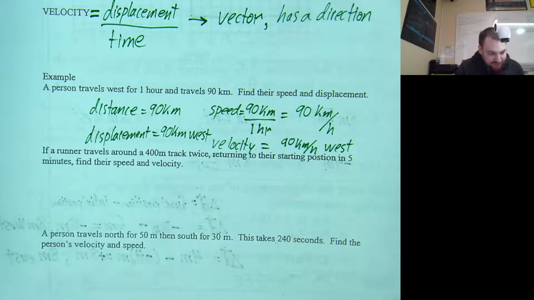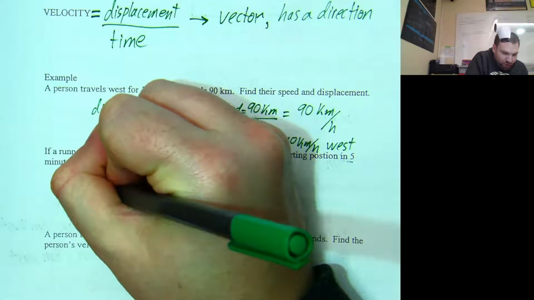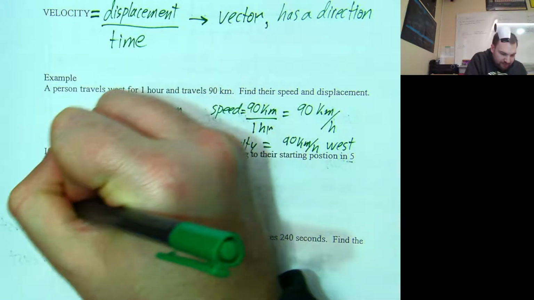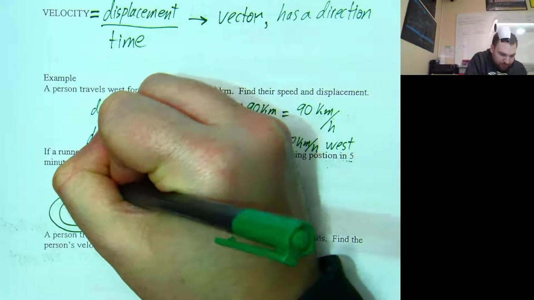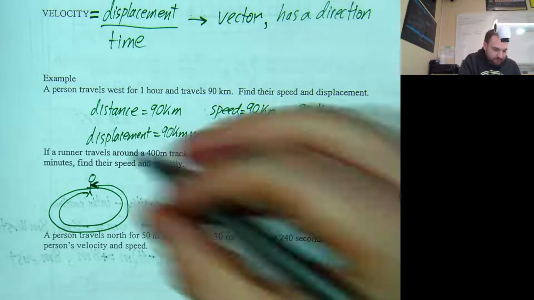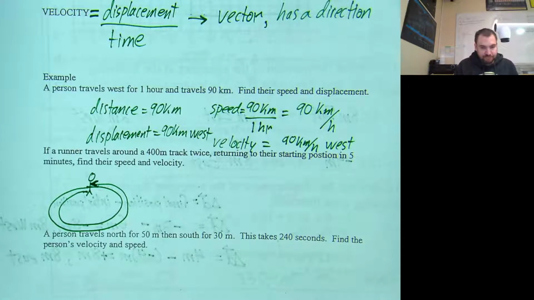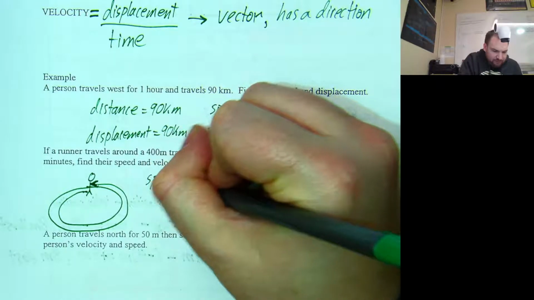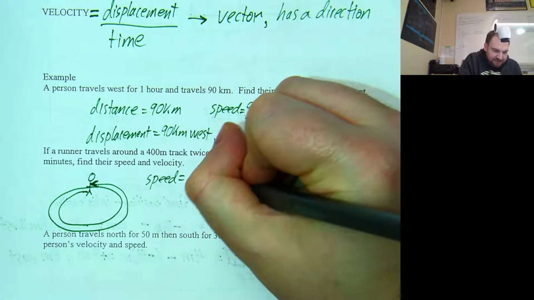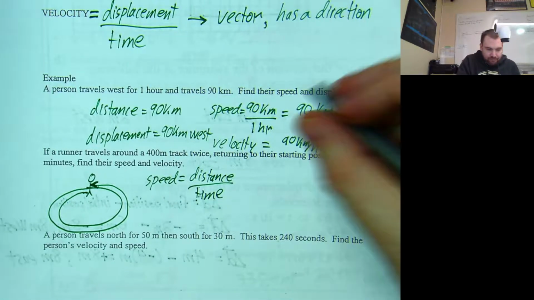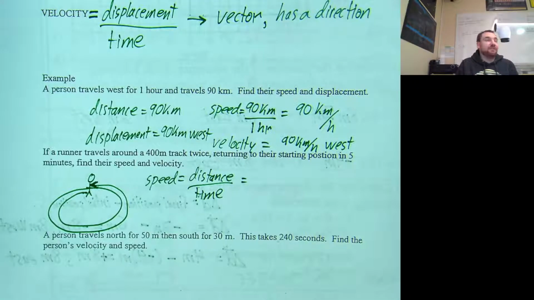So, a runner travels around a 400-meter track twice, returning to their starting position. So let's draw it. There's our runner. They went around a 400-meter track twice. So speed is distance over time. What's the distance they've traveled?